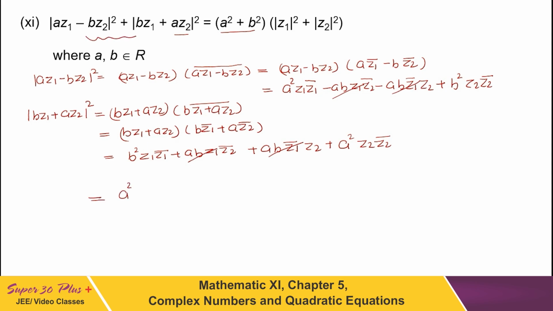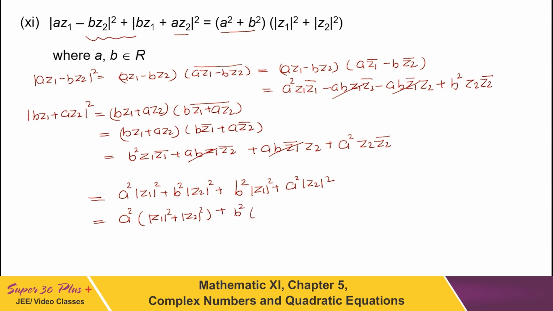a² |z1|² + b² |z2|² + b² |z1|² + a² |z2|². Now a² is a common factor and here is |z1|² + |z2|². Similarly, b² is also common and here is |z1|² + |z2|².